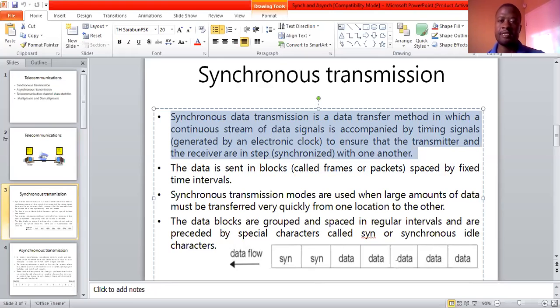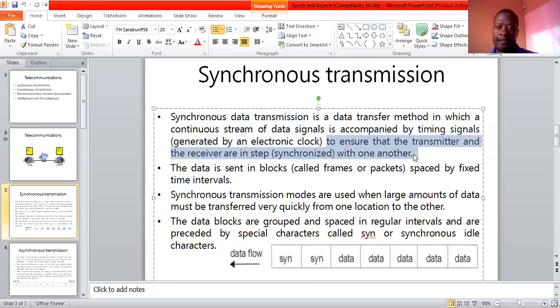Okay, so basically we're saying it's a method of data transfer that happens between two devices, whereby a continuous stream of data is accompanied by timing signals. Okay, so whatever you are transmitting is accompanied by timing signals. Okay, and this signal is generated by an electronic clock, and the purpose of this is to ensure that the transmitter and the receiver are in step with one another.